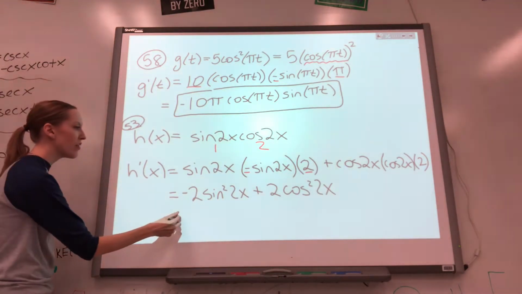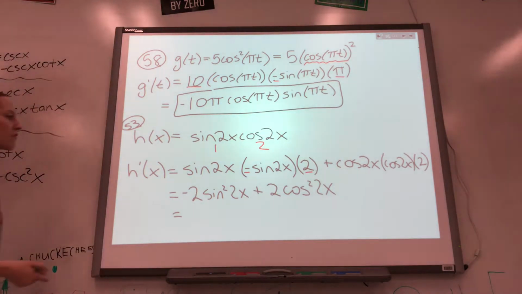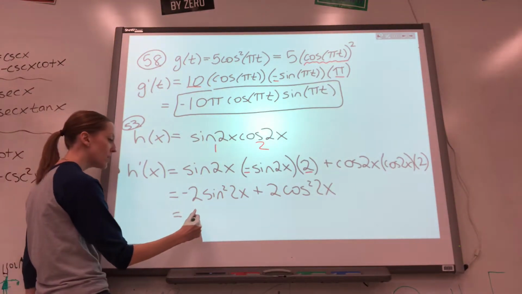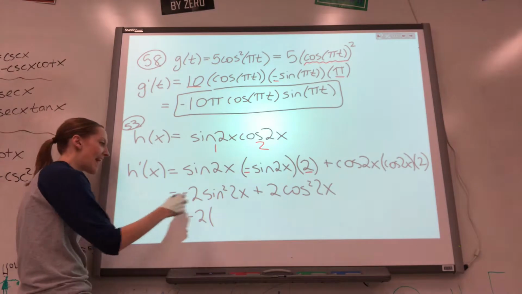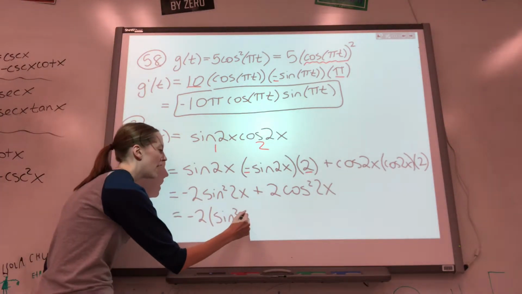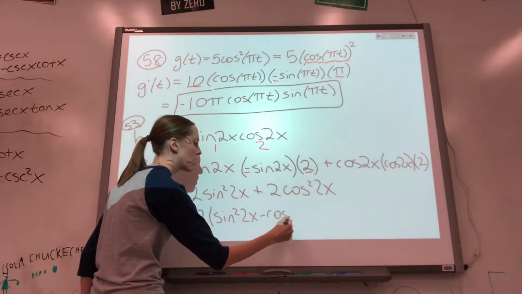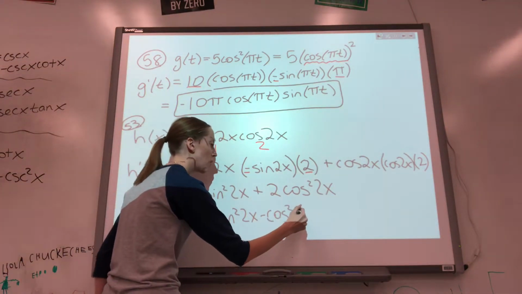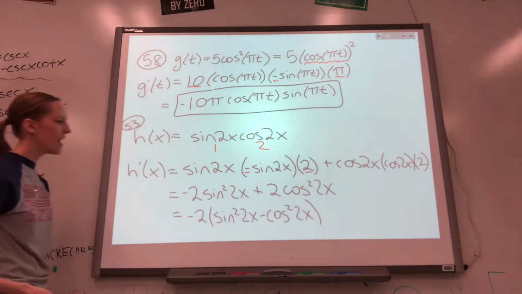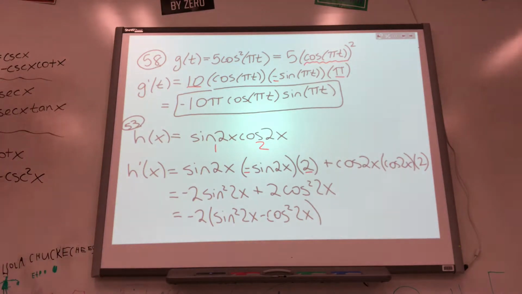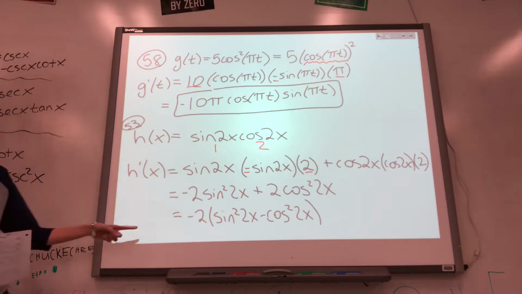I guess the only thing that you could maybe pull out front is either a 2 or a negative 2. If you did the negative 2, that would change to minus cosine squared of 2x. Not really going to get us very far, though, if we pull something out front.